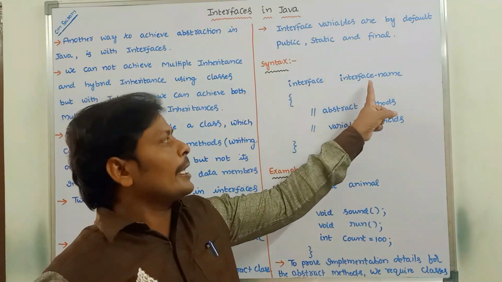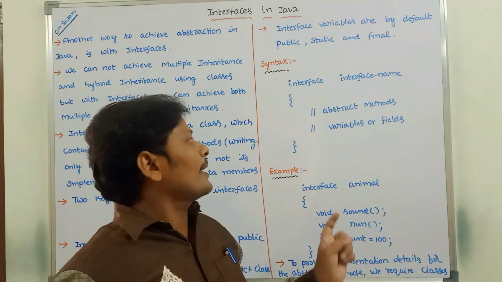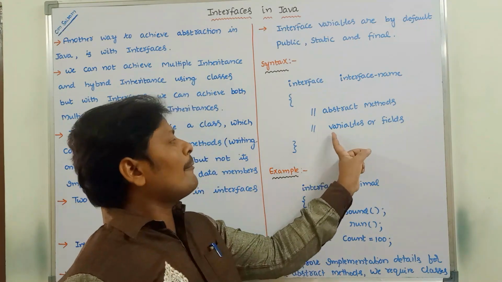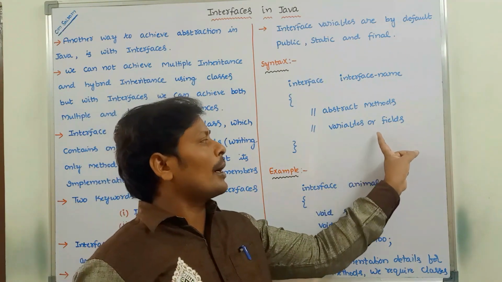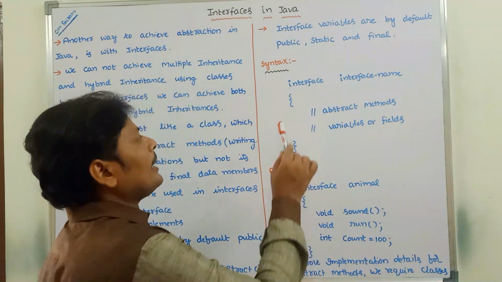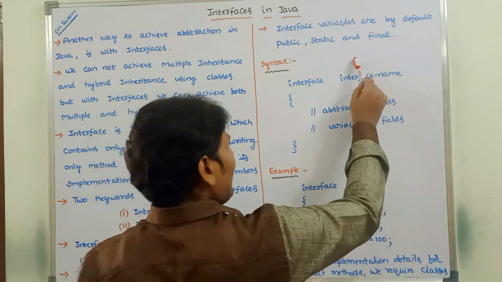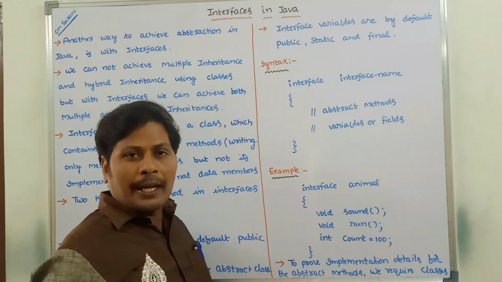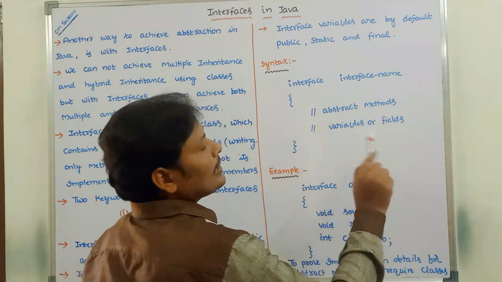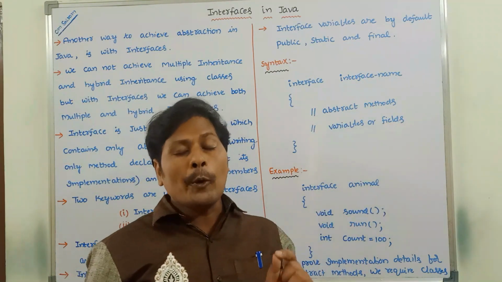So, interface name. Within the body of the interface, we have to write abstract methods and variables, or fields, or data members, where interface is the keyword and interface name is nothing but the name of the interface. Whatever methods are present within the interface are abstract methods.